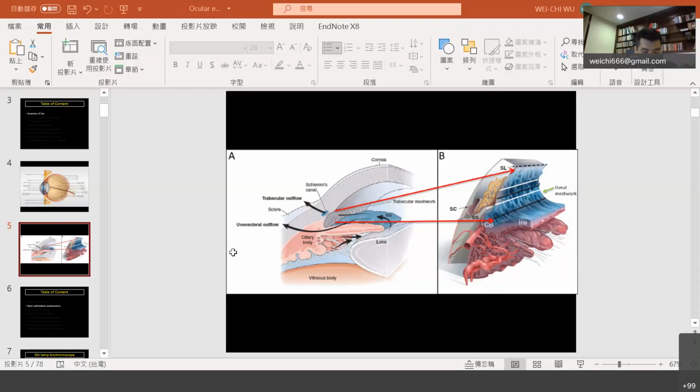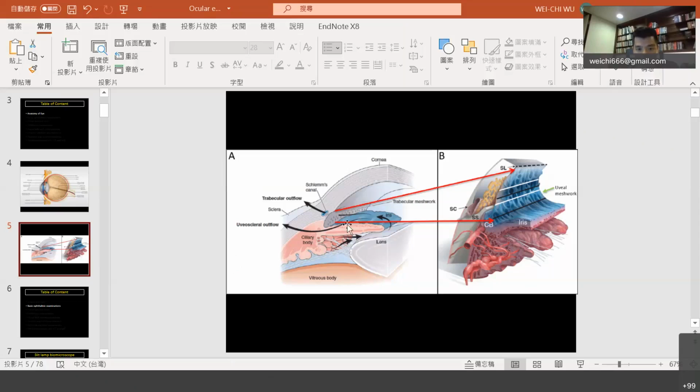Rarely would we encounter a problem in the overproduction of the aqueous. So we have medication or surgery that has been invented trying to improve the drainage or block the production of the aqueous.